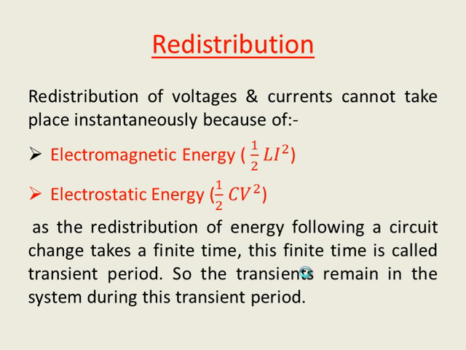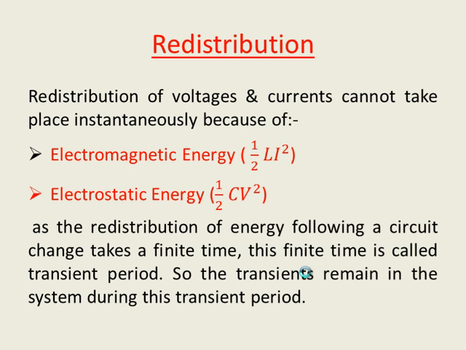Now there is a point, that is CTM, commit to memory, and you can note it down as well. Till now what we have discussed makes it clear that in order to have transients in an electrical system, two conditions are necessary. Either an inductor or capacitor or both should be present, and second, there should be a switching operation or a fault.